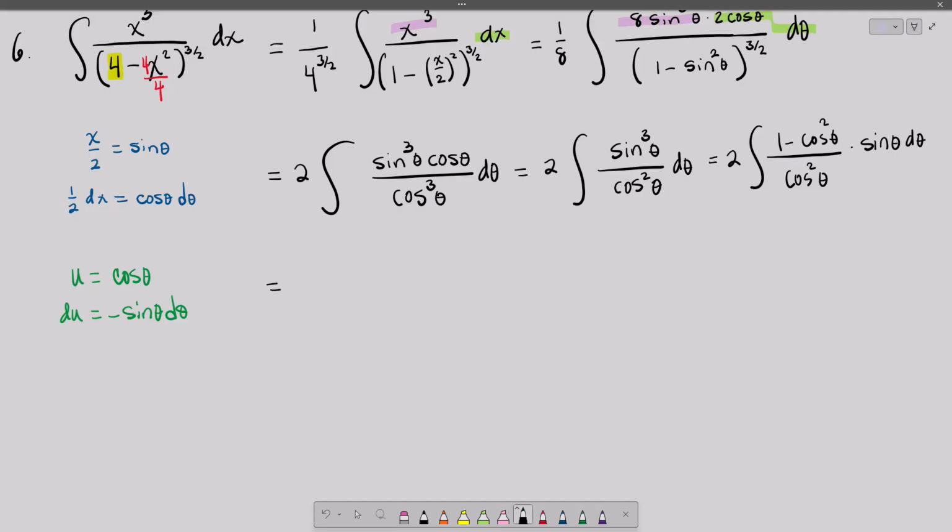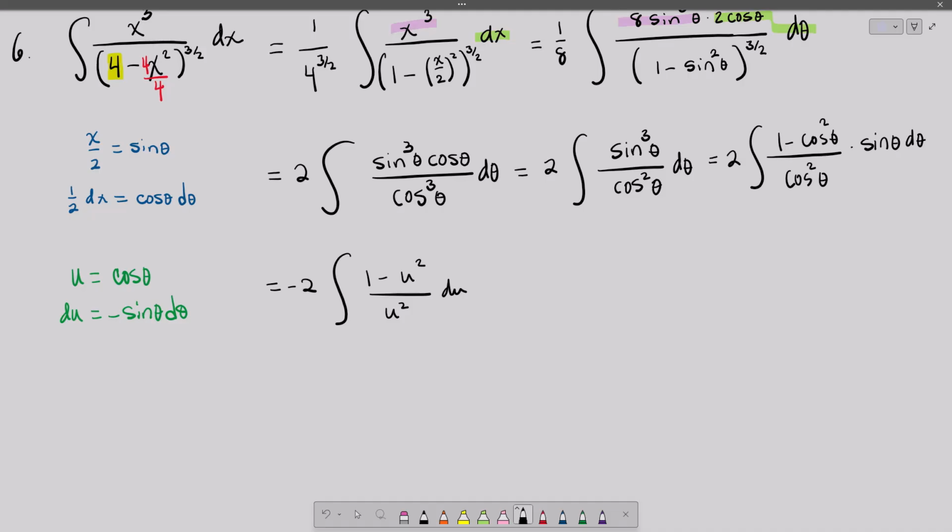Okay, so we have 2. Now we're letting u be cosine, so we have 1 minus u squared divided by u squared. That's okay, we like that. And then sine theta d theta is negative du. So we'll put a negative in front, and a du right there. That's not too bad.